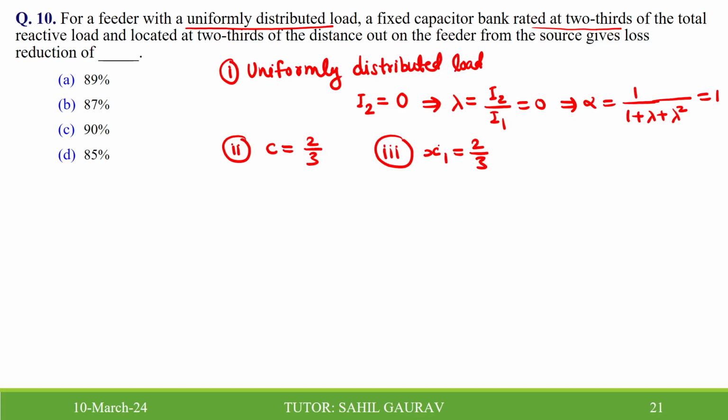So you have to find the loss reduction. You can directly use the last slide of this reactive power conversion with the help of capacitor banks. There we have found the power loss reduction as 8 divided by 9 into alpha upon 1 minus lambda. From there you will get directly 89%.